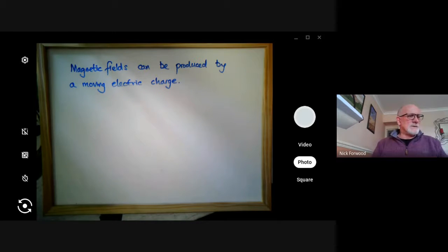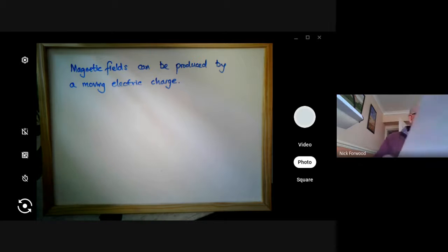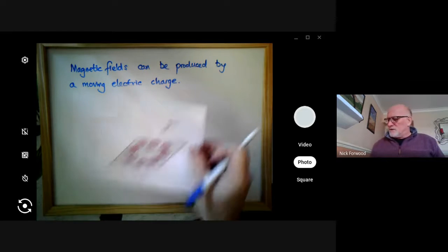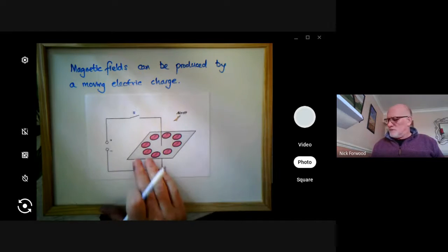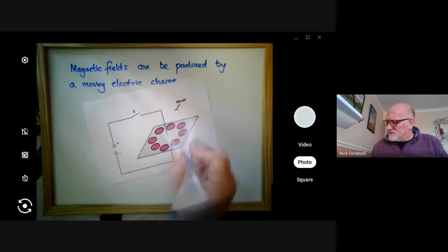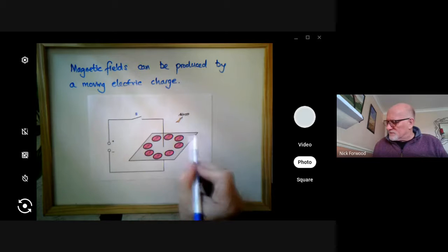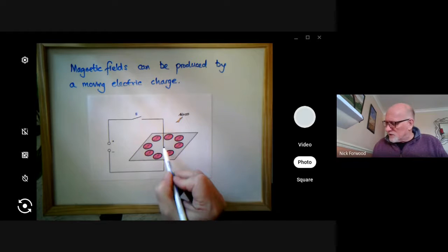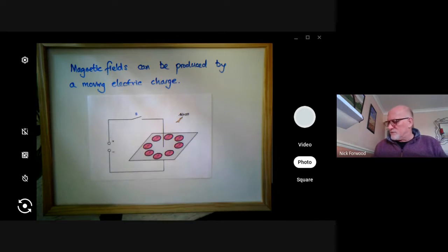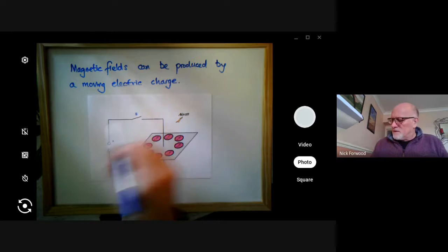Okay, now what does that look like? Well, rather than me drawing it, I've got here a little diagram that I've printed out, and you can see here that I've got a single wire, and the wire passes down through a piece of card. It's an ordinary piece of card with a hole, and you thread the wire through and you make it go round and complete an electric circuit.